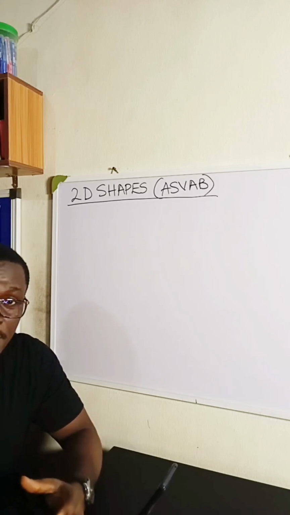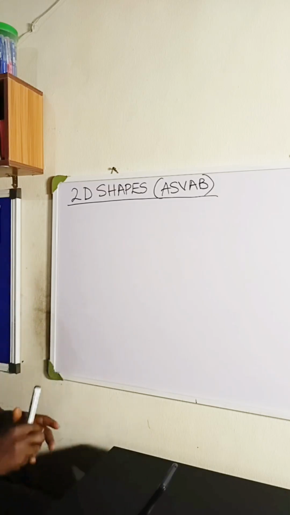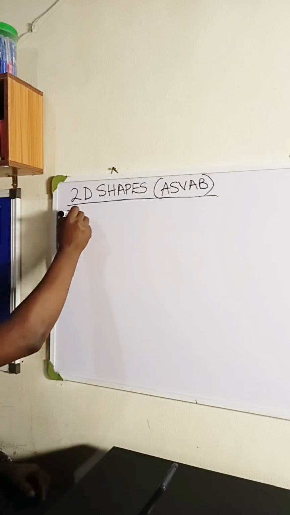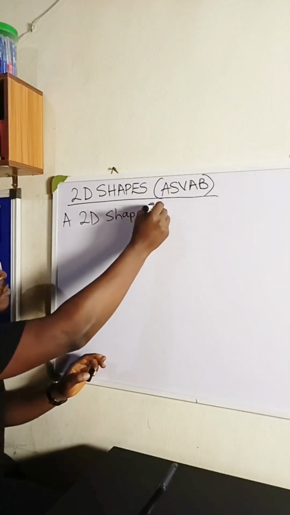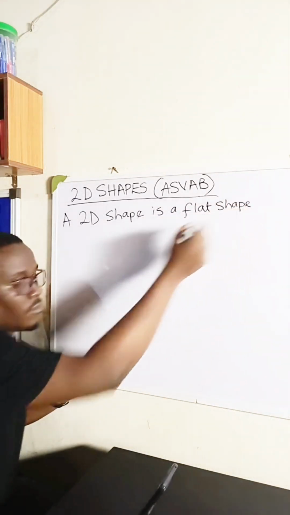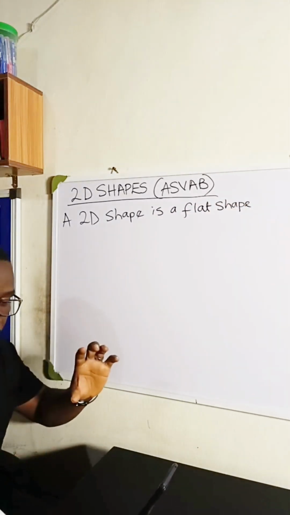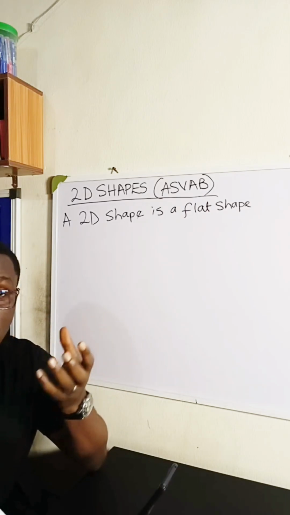So a 2D shape is a plane shape. A 2D shape is a flat shape, okay? What do I mean by flat shape? A flat shape cannot be moved from one point to another.